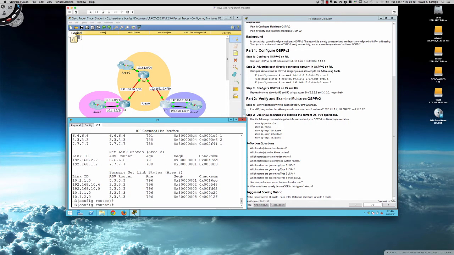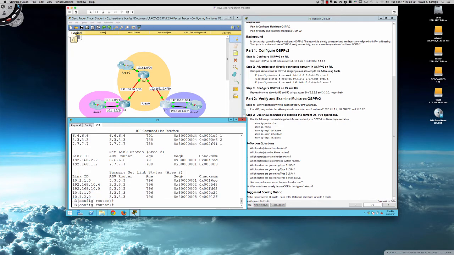And then the summary links for area 2. So he's learning about the 10.2.10, which is the transit network between router 2 and his cloud in area 0. We're learning about the transit network links, the 2 serial links, and we're learning about the 2 networks that are in area 1.